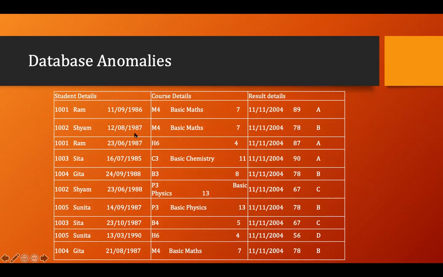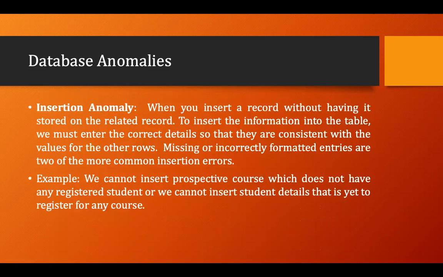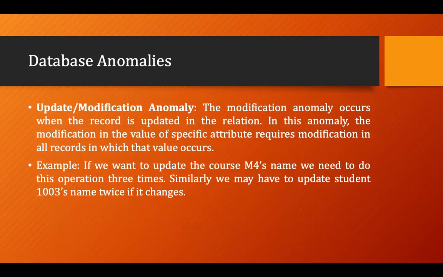If I want to update, let's say, the date of birth, or the course name or course number, or I want to update the result, at that particular time I may face a problem, and that problem comes under the category of updation anomaly.